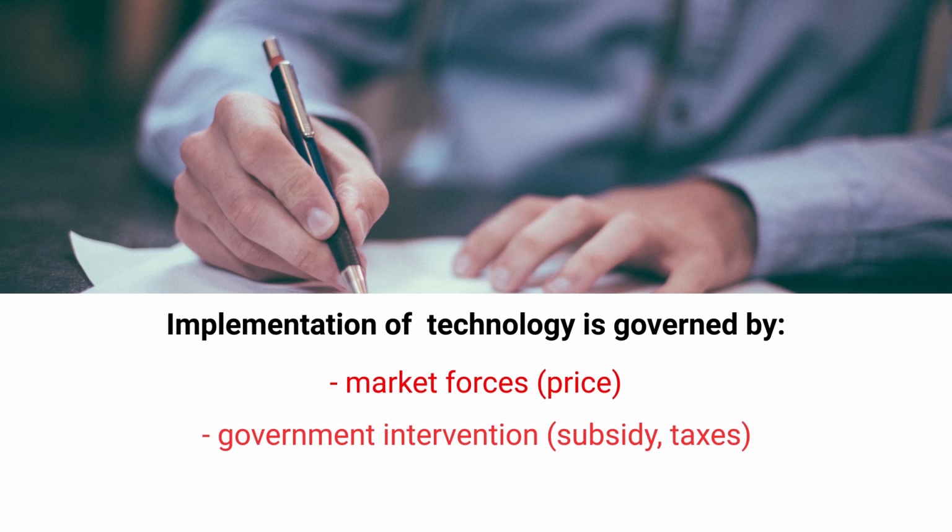So, besides implementation of a new technology, there are many other factors which govern their implementation. And what are these? Market forces, obviously we know the demands and supplies, they govern your technological produce. Then government intervention, whether the government is giving you subsidies and waiving off your taxes, depends. Accordingly you will plan your technology development.